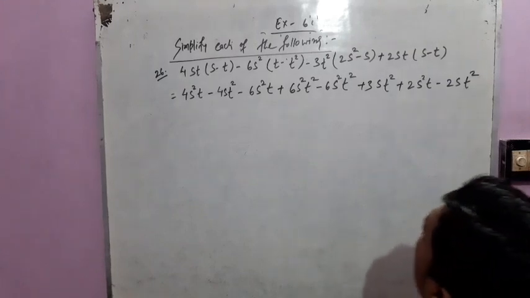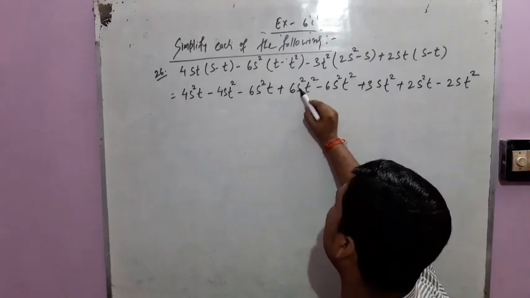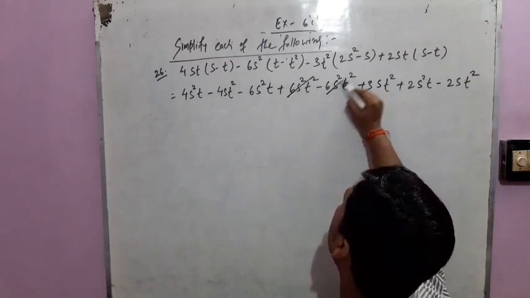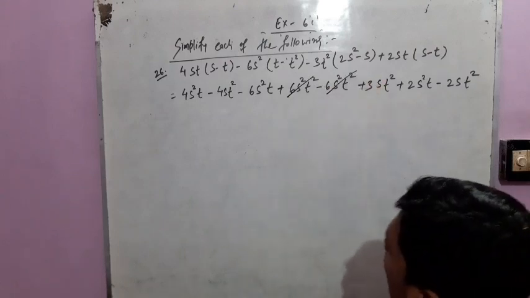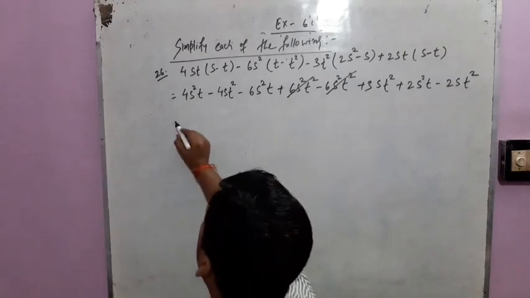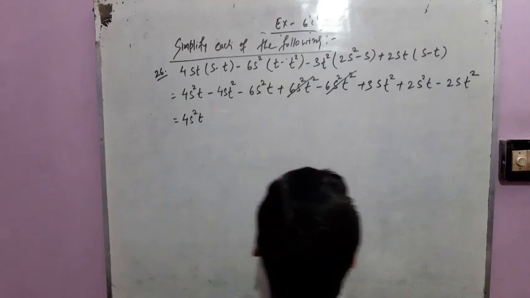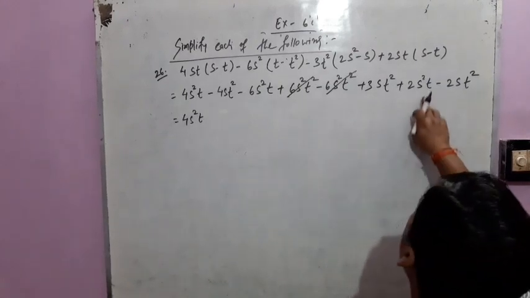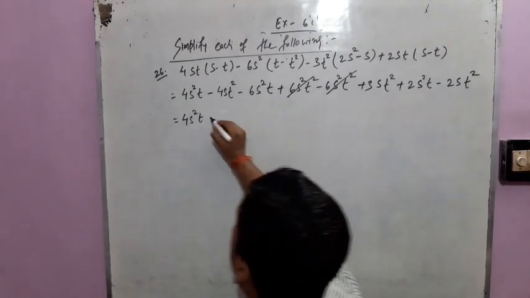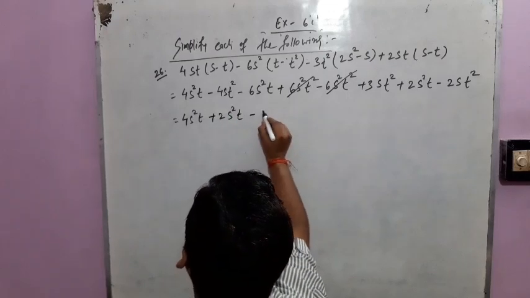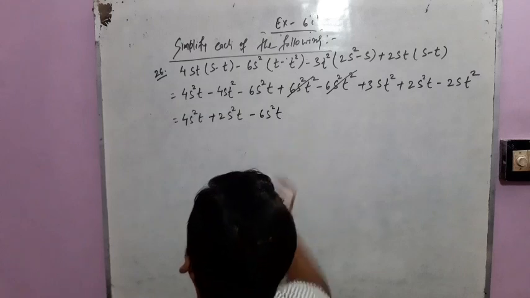Okay students, now plus 6s square t square and minus 6s square t square both reduce each other. Now continuing the terms here, 4s square t. Now also the terms related to s square t, we have to write here, plus 2s square t and here minus 6s square t.